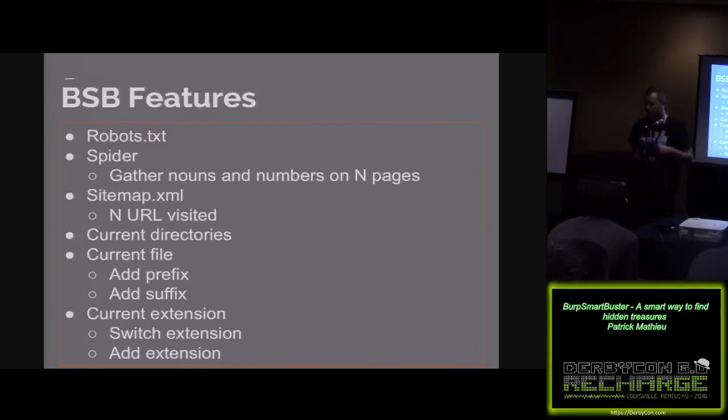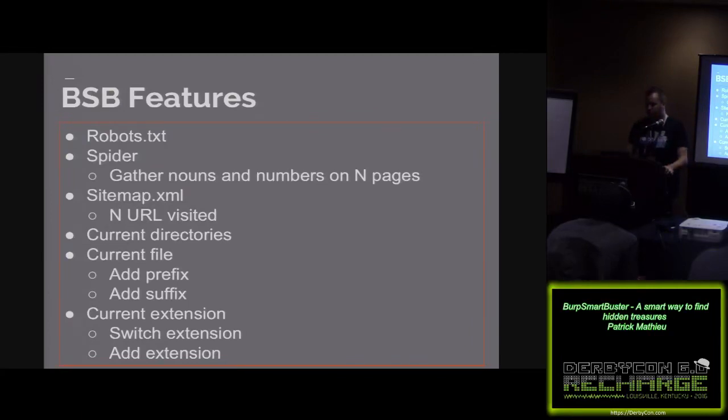Then I have a spider option. The spider option will spider the number of URLs that you define first, and will gather nouns and verbs from the pages it's spidering. You can reuse those words that have been written on the website to brute force more directories and file names inside this website.